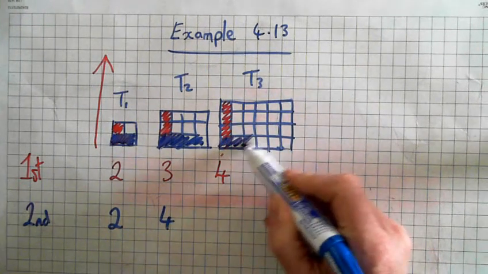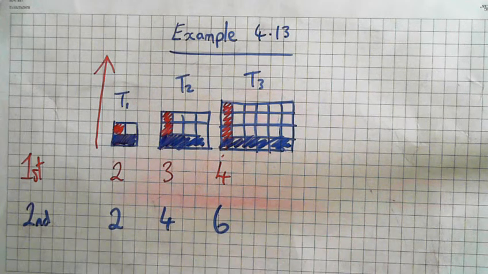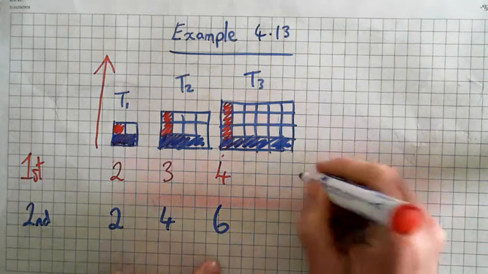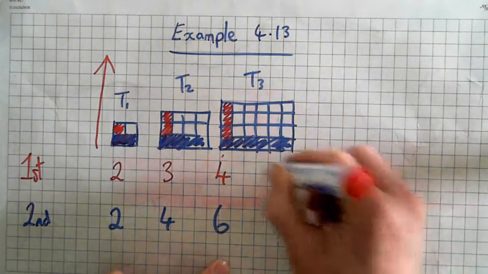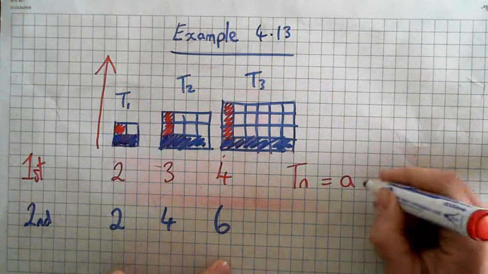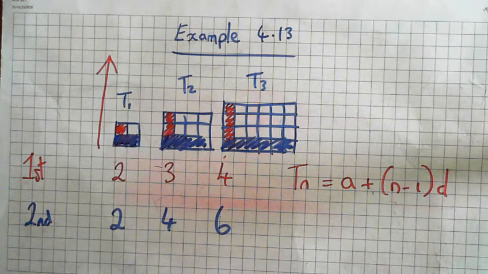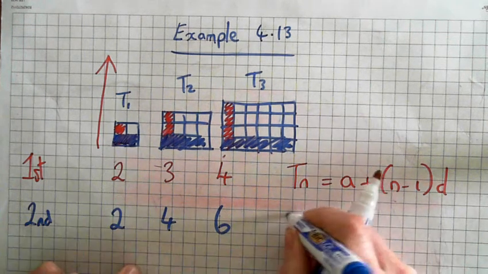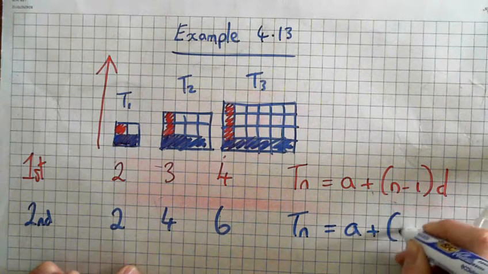And the next one is? 6. So what we need to do now is use the general formula for the first sequence here. Just keep looking up, you can take it down in a minute. And we need to get a general formula for the second sequence.